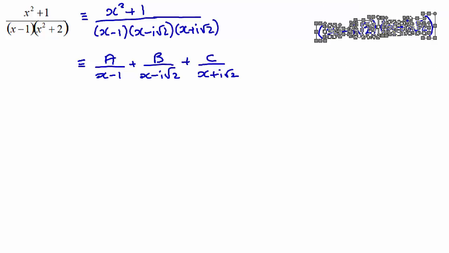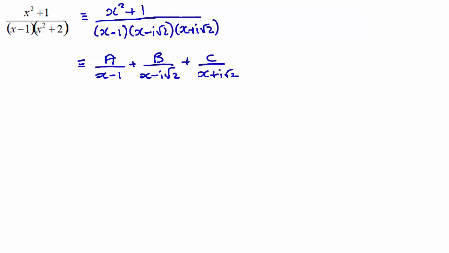Let's just get rid of that because at some stage we're going to need to work over there, I'm sure. So if we go clear of fractions, with this one, the x minus 1s would cancel. So I'll end up with A, and these two multiply together, of course, I can simplify to x squared plus 2.